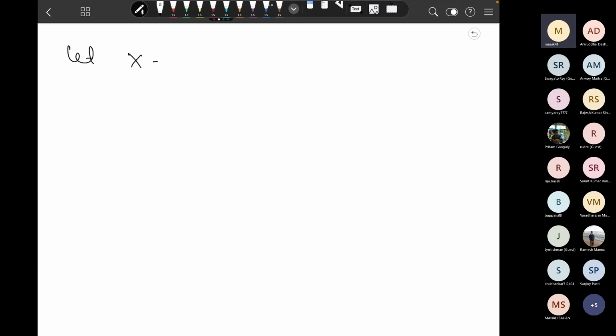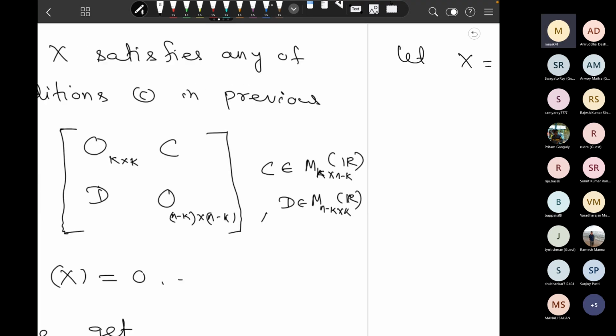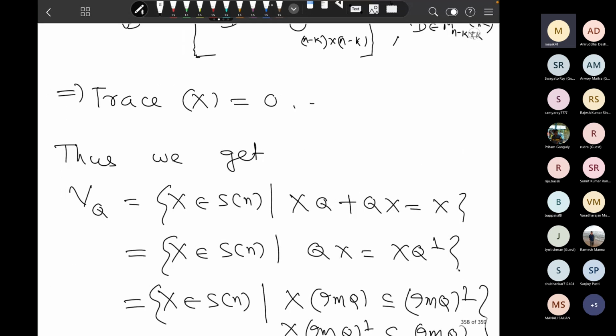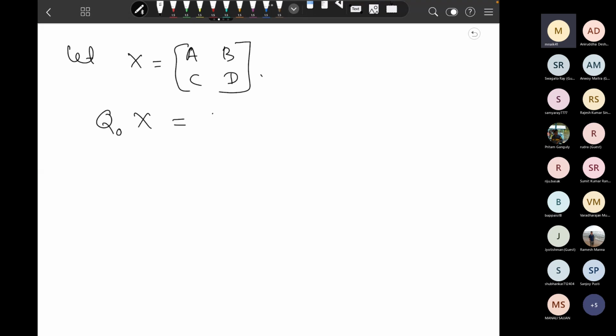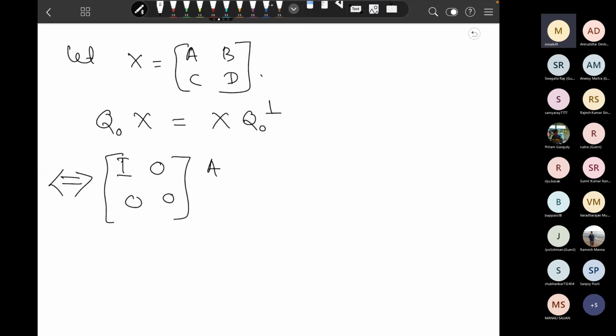Let X be written as ABCD. Let us see what this condition means. I will use the second definition: Q naught X is equal to XQ naught par, and this is equivalent to the condition I 0 0 times X, which is really ABCD.